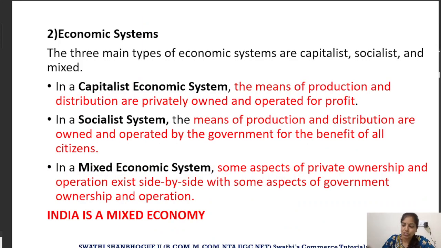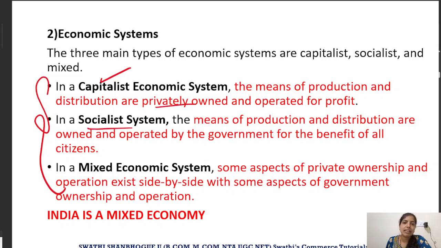Then we went on to studying the second aspect of your economic environment, which is your economic system, where we segregated this economic system into three types. One being your capitalistic economy, we also call it as a market economy, where entire means of production is in the hands of private ownership.